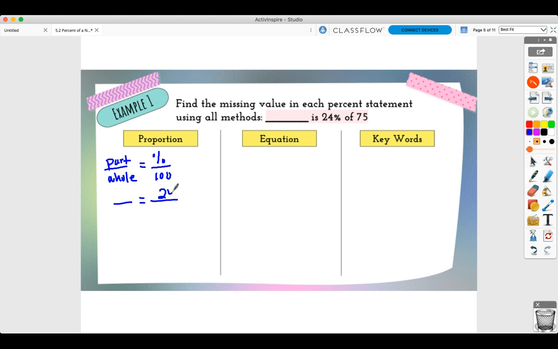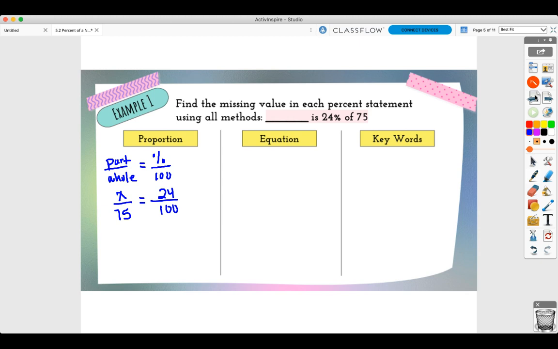So 24 over 100. So what is 24% of 75? So 75 is going to be your whole. You're looking for which piece is 24% of 75, and our variable is x.